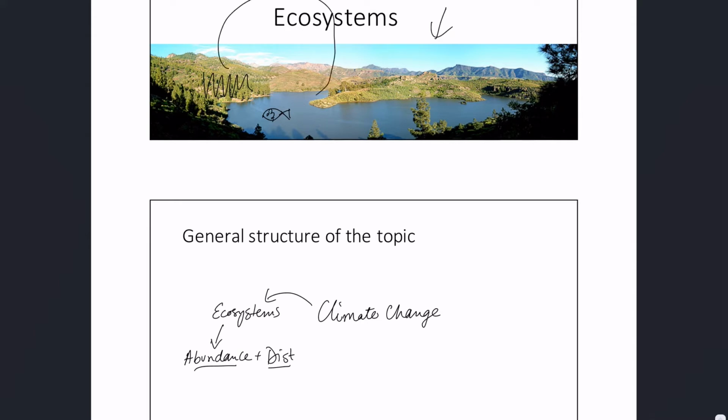So even though we have a whole ecosystem right here, what affects the distribution of the organisms? Because the fish won't be on the land, the trees won't be under the water. So what is it that affects where those organisms are and how many of them there are there?